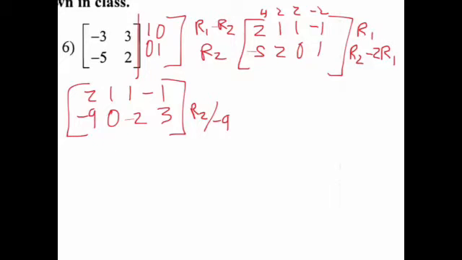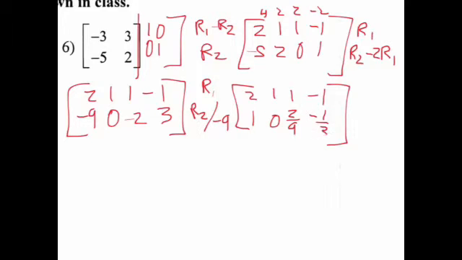I'm going to take row 1 and just let it be that: 2, 1, 1, negative 1. And my second row is going to give me 1, 0. Negative 2 divided by negative 9 is positive 2/9. And then 3 divided by negative 9 gives me negative 1/3.